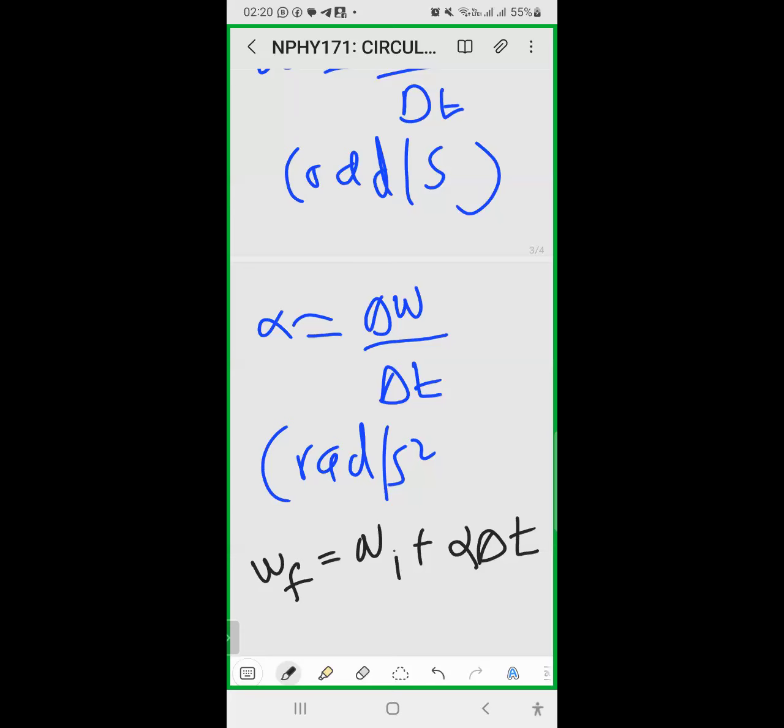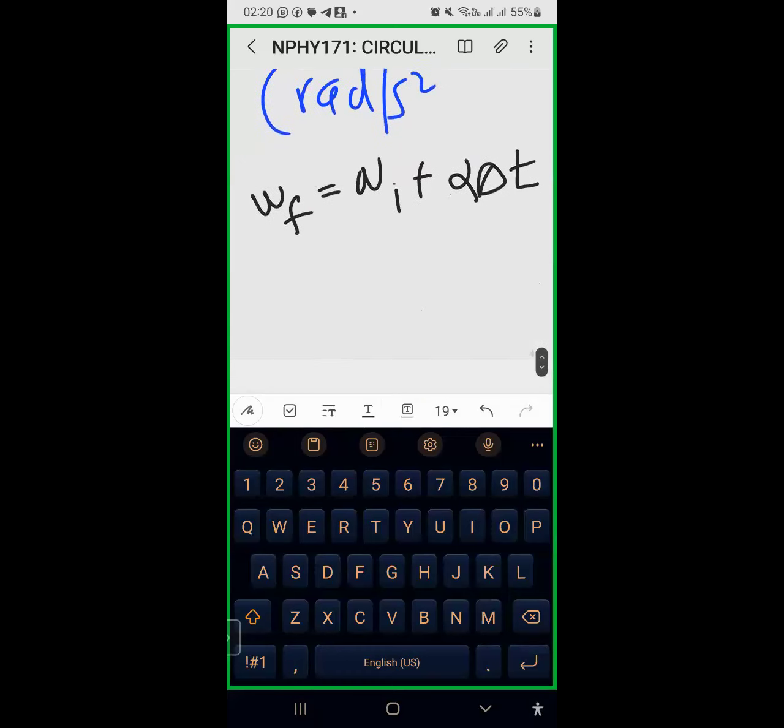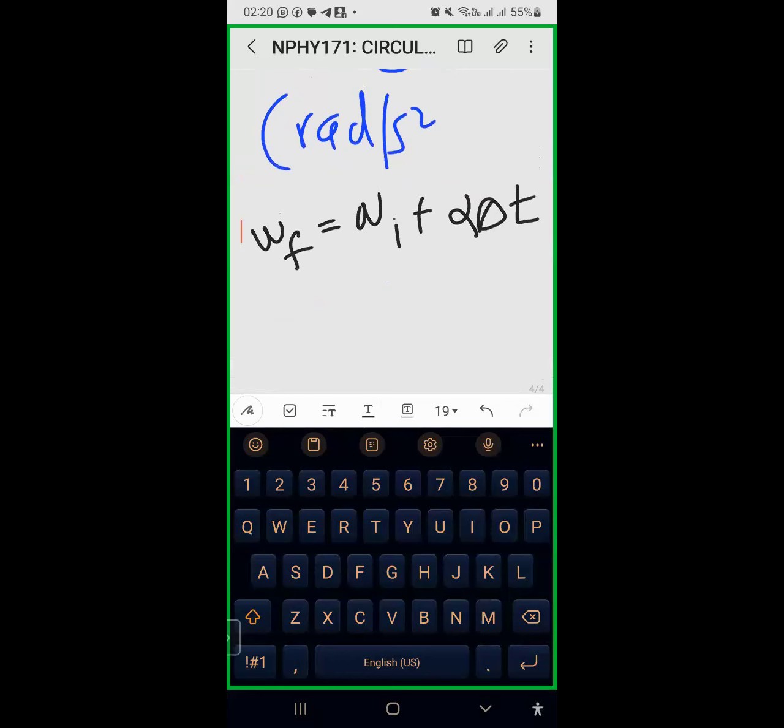There's also the concept known as rolling without slipping. When an object rolls without slipping, it basically means the object rolls smoothly.